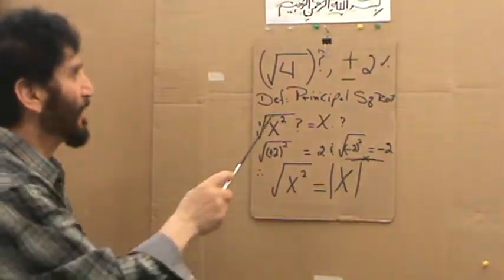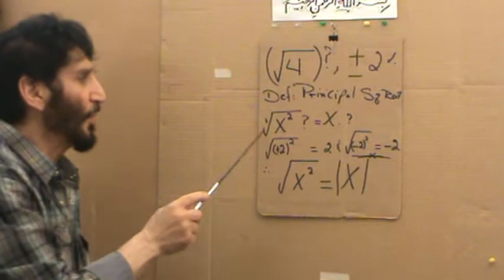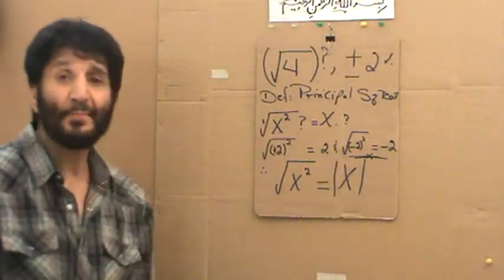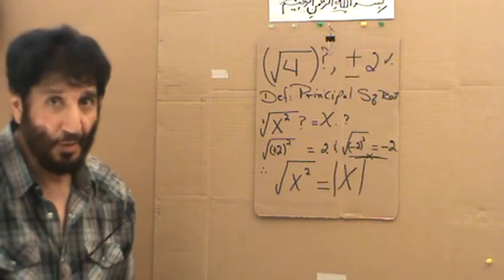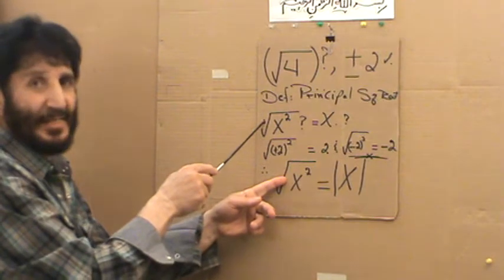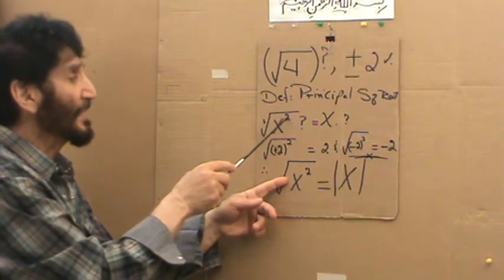So I have already mentioned the square root of 4 is plus or minus 2. Now, why is the square root of x squared equal to the absolute value of x and not equal to x? Now, for the square root of x squared, the index is 2 in this case.